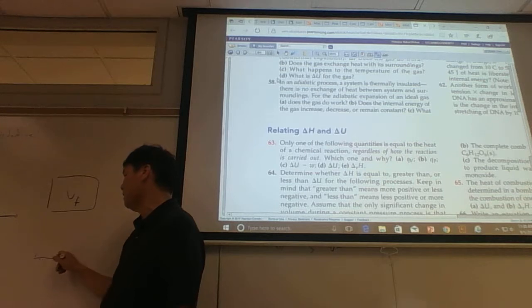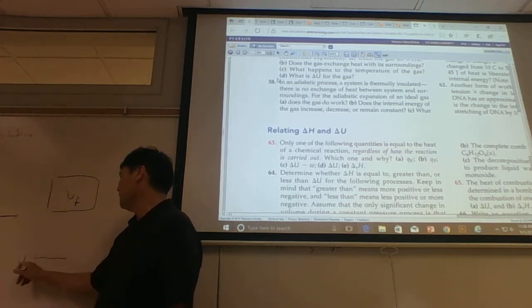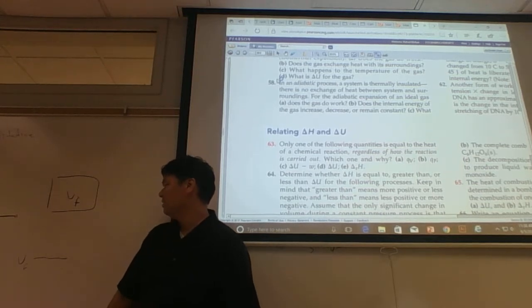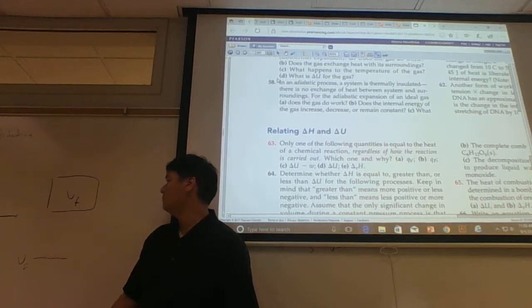It loses energy, and therefore U final is going to be down here. But what happened? Well, the system lost energy because it lost energy in expanding its volume, so now the temperature is going to be less than 25 degrees C here.